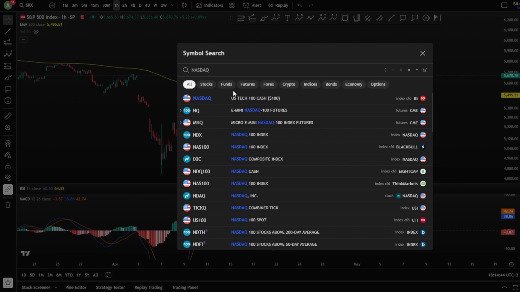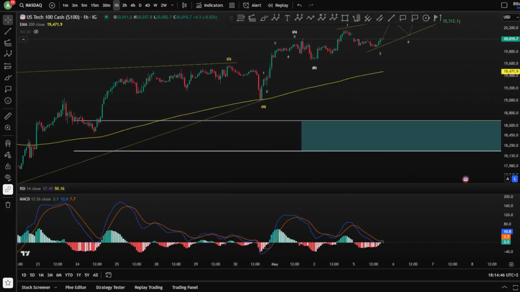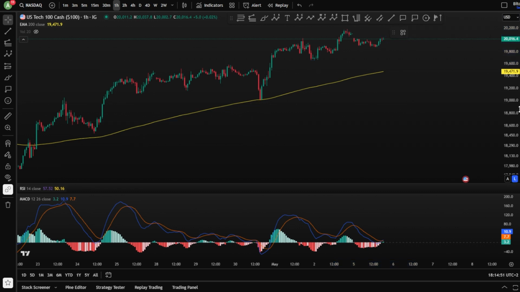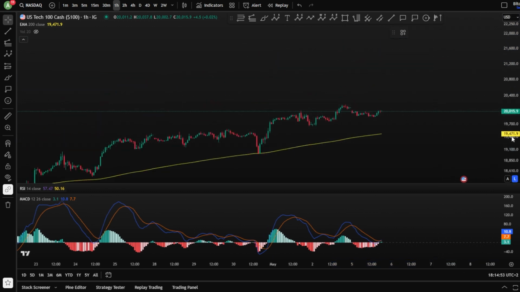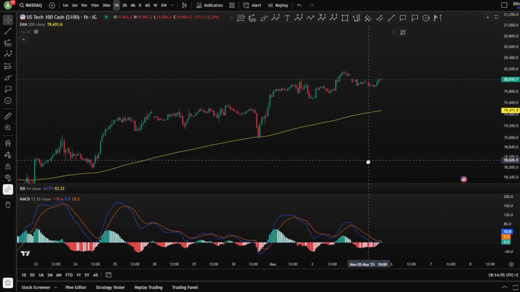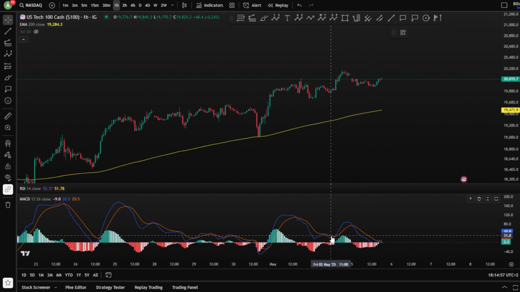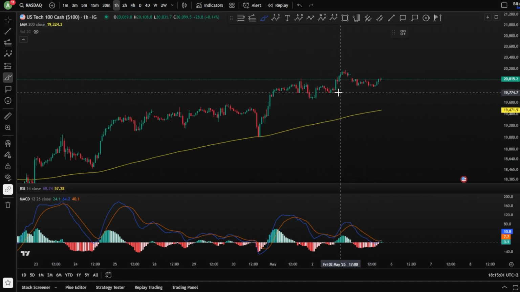If we take a look also at the Nasdaq indicators, let me also clean this up. Actually, the Nasdaq indicator has relaxed a little bit, and it shows a bullish divergence here, or potentially not a divergence actually.